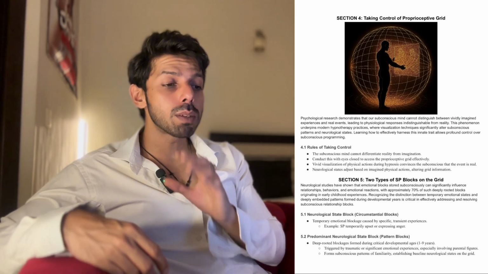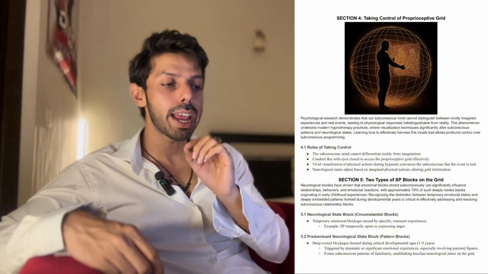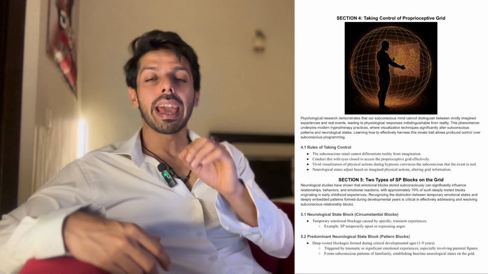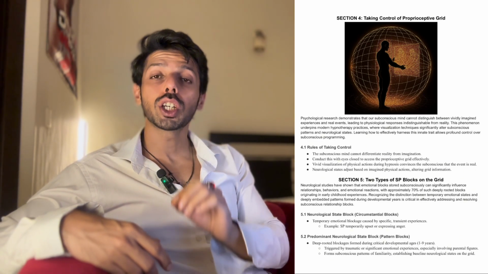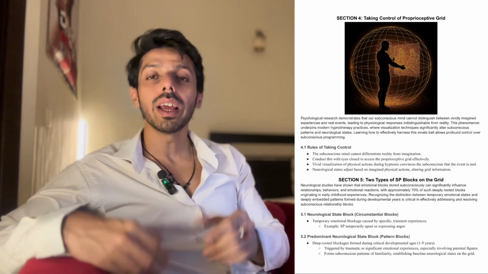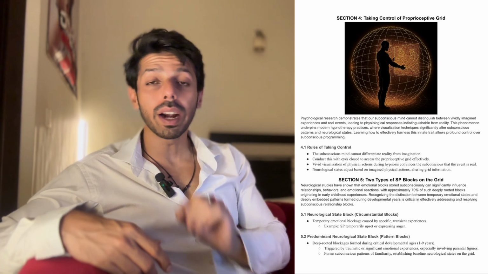Now, these form subconscious patterns of familiarity, establishing baseline neurological states on the grid, which means if there was a father wound or a mother wound, your relationship block consists of your parent-related wound. It will always be on your proprioceptive grid. It will not move until you have healed.